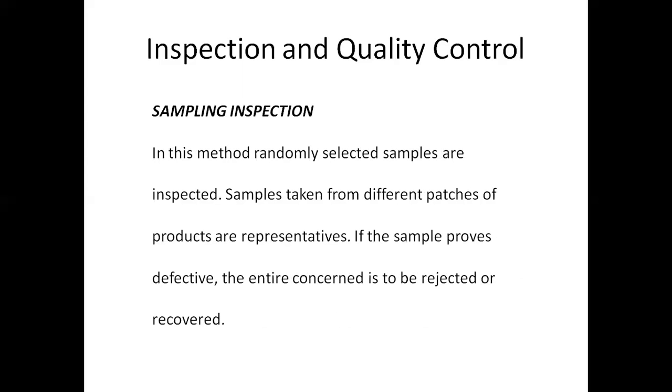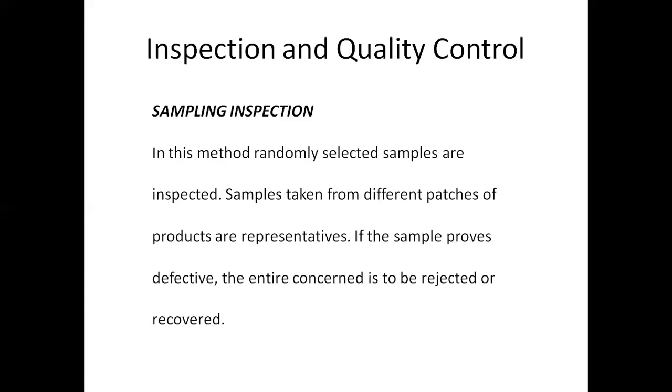However, there is a separate procedure known as sampling inspection. In this method, randomly selected samples are inspected. The samples taken from different batches of products are representatives, because the sample is a part of the universal group.